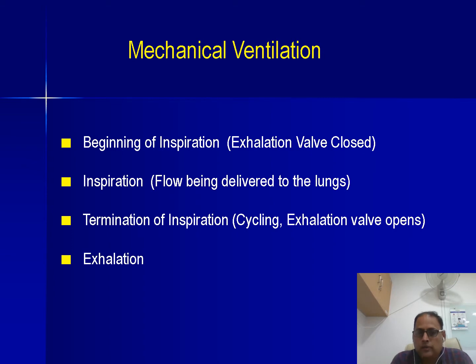In the inspiration, flow is being delivered from the endotracheal tube to the alveoli. This is followed by termination of inspiration. Your exhalation valve opens, the expiration or exhalation begins, and this process of changing from inspiration to expiration in ventilator parlance is called cycling, and the last part is exhalation.